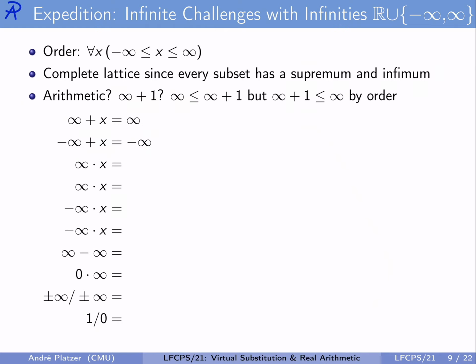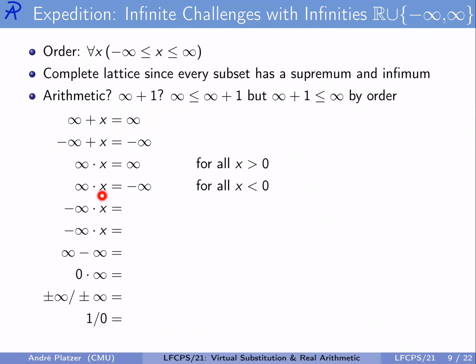Infinity times x? Well, I guess that's infinity at least for positive x's. If we multiply infinity with a positive number, it will stay infinite, even if it's a very tiny one, like infinity times 0.000001, still it's going to be infinite.